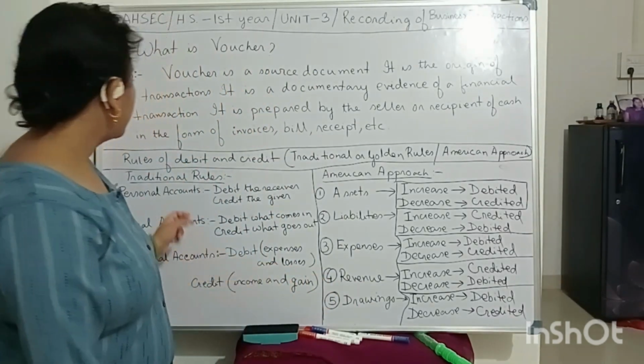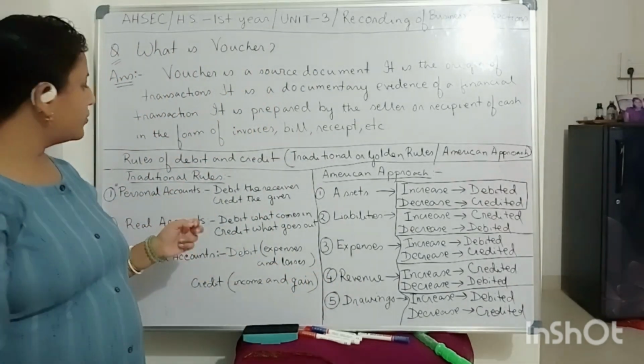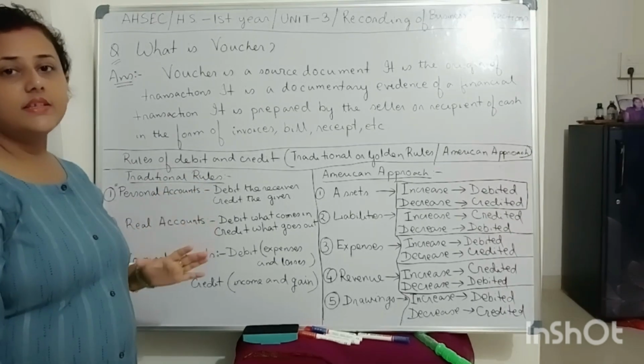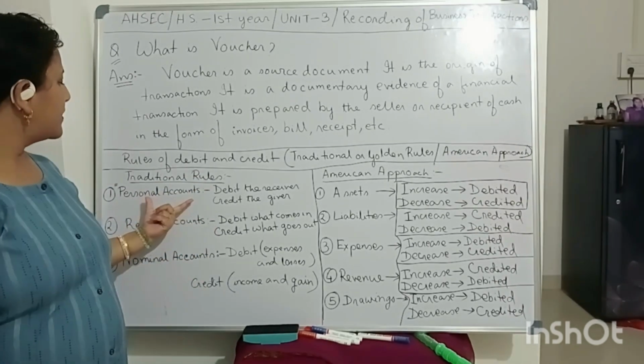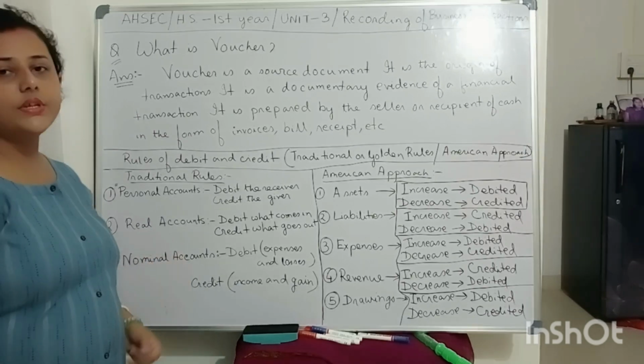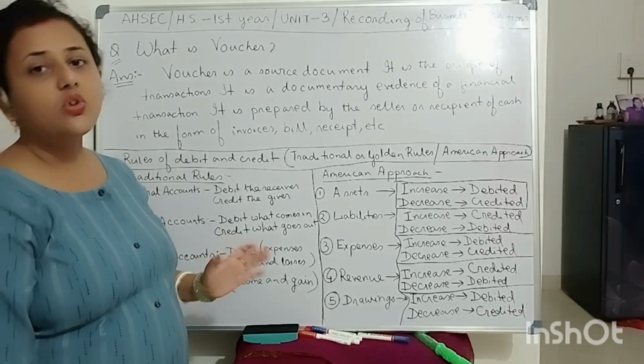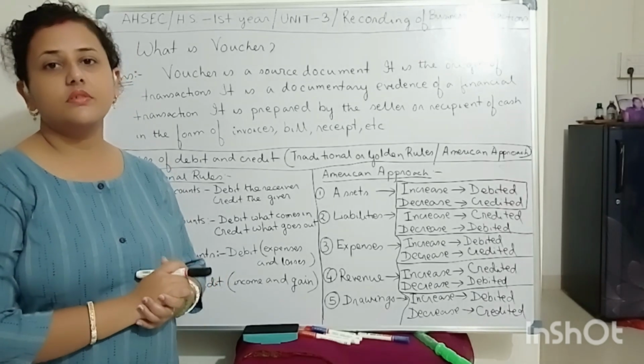So see here what the traditional rules are. In the traditional rules, the accounts are classified under 3 categories: personal account, real account, and nominal account. What do you mean by personal account? Personal account means it represents a person.